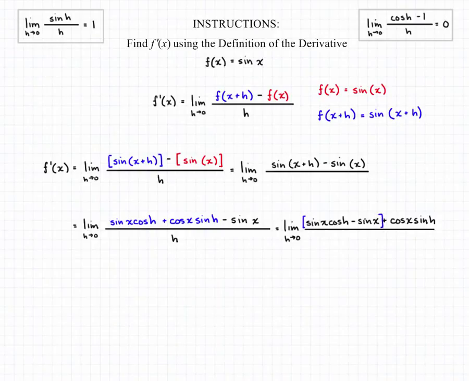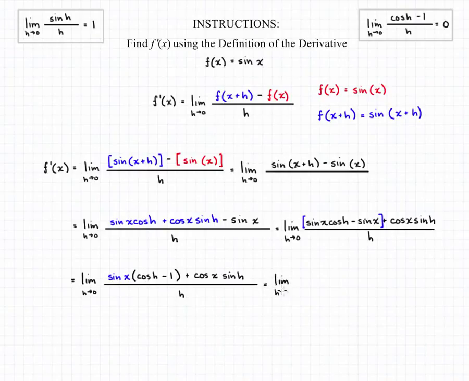From here, we can factor out a sine of x from those two terms we grouped together in the numerator. So we'll have the sine of x factored out, and that'll be multiplied by the quantity cosine of h minus 1, and then that's all plus the cosine of x times the sine of h over h.